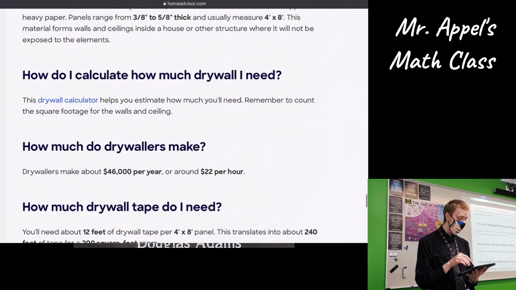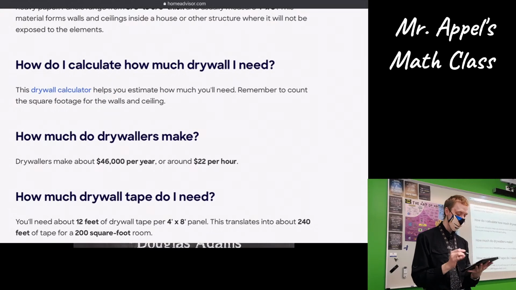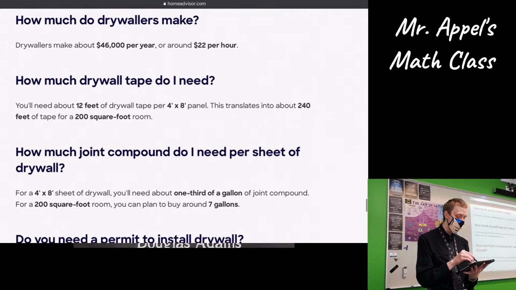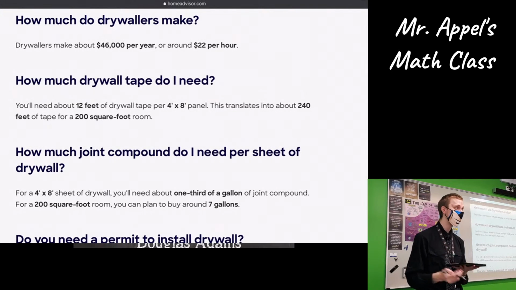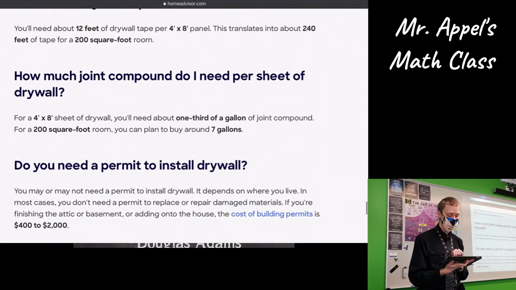How do I calculate how much drywall I need? The drywall calculator helps you estimate. Oh, look at that. That's going to be super useful. How much do drywallers make? How much drywall tape do I need? 12 feet per panel. So if you're going for bonus points, you want to find out how much tape you need. That's extra material. How much joint compound?